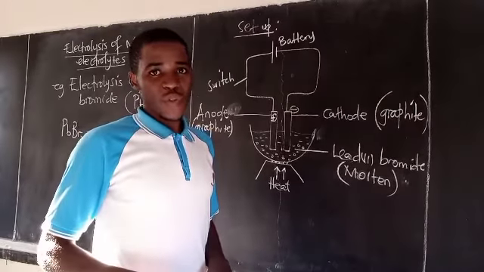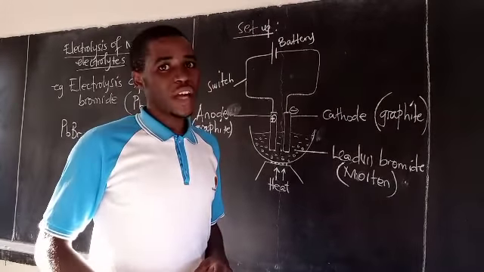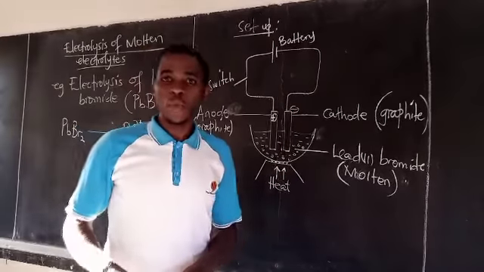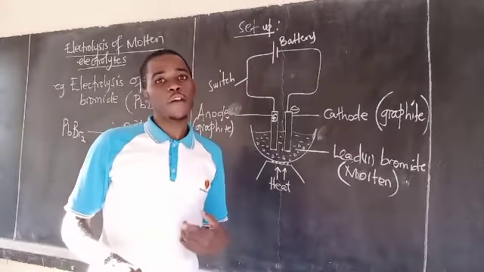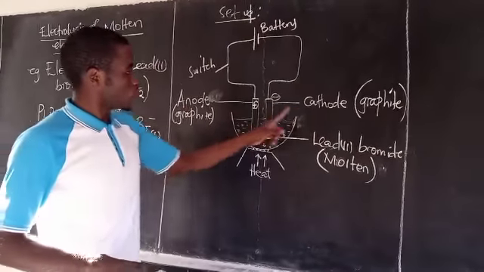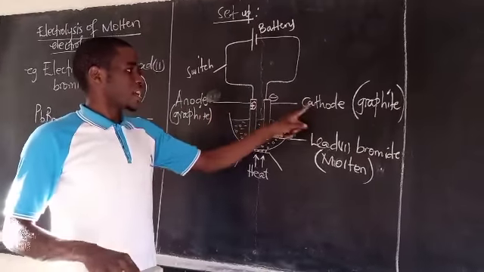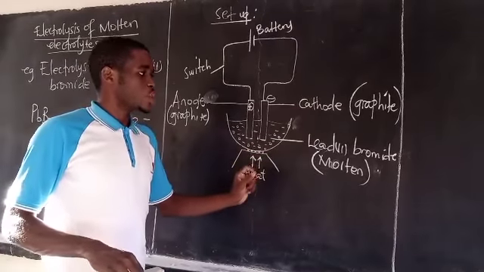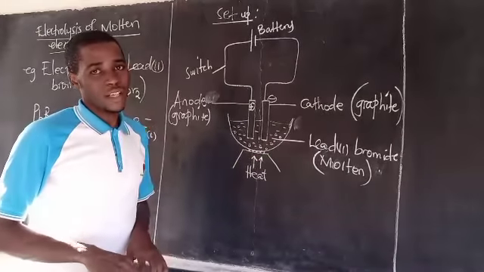The moment you use an electrode that can react, it will react with your product and you will have false results. So it should be graphite on both the anode and the cathode in order to avoid the reaction with the product expected.